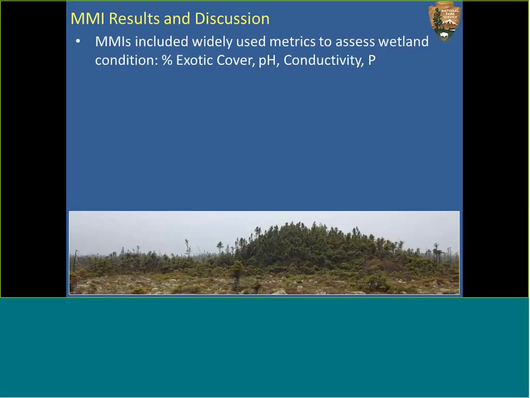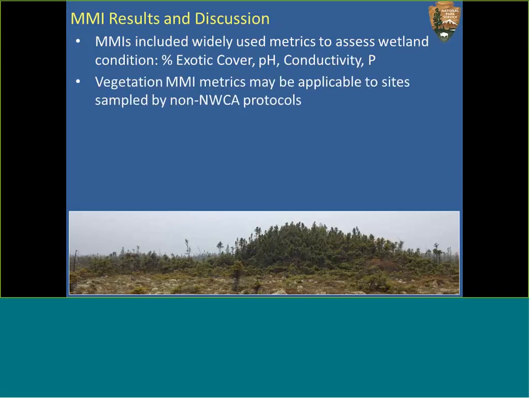Okay, the MMIs that I built are based on pretty widely used metrics to assess wetland conditions, including percent exotic cover, pH, conductivity, and phosphorus, so no big surprises.